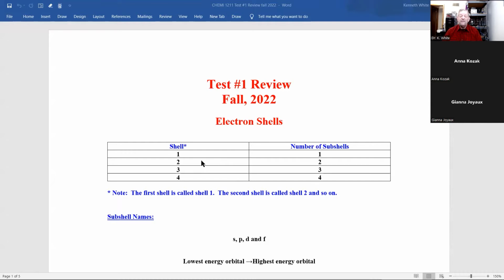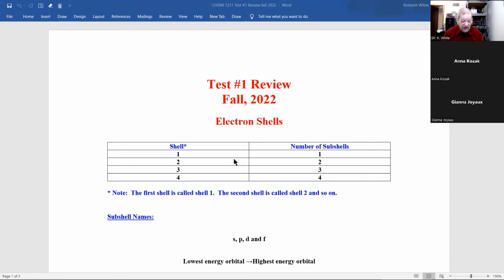We talked about this last test, and I don't put things that overlap, but you should know, an atom has protons, neutrons, and electrons. And the question is, where are the electrons? Well, they're in the shells on the outside. The shells are called shell 1, 2, 3, 4.